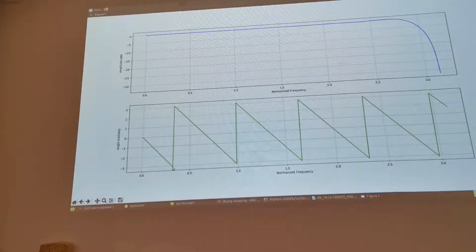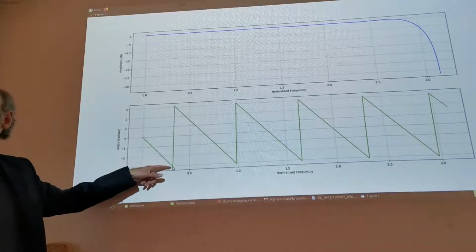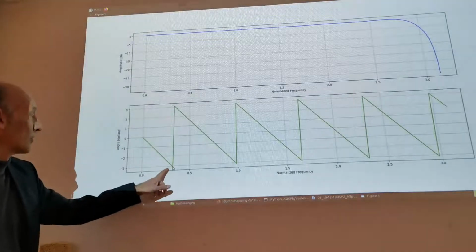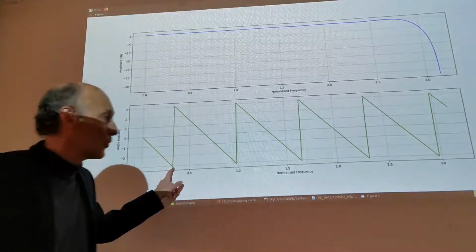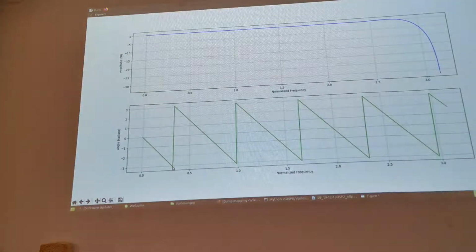So here at this point, I should be at minus pi, because this is where we get the wraparound. So it does this wraparound at minus pi. So this is minus 3.14, and you can see minus 3.1. Yeah, good enough. I'm not so precise with my hand and the mouse.